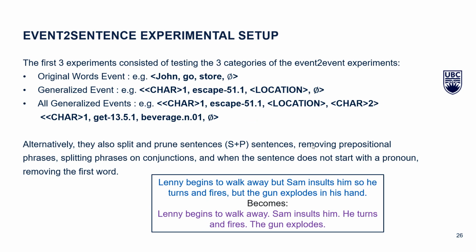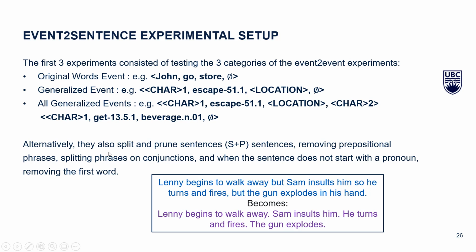So with the experimental setup for event-to-sentence, the first 3 experiments consisted of testing the 3 categories of the event-to-event experiment. So we have original word events. Here we're just looking at the original word. We're not changing anything. Generalized events. That's where we're just using character, one, escape, location, and then all generalized events. This one is where we're passing in multiple or a single sentence and getting multiple events out of it.